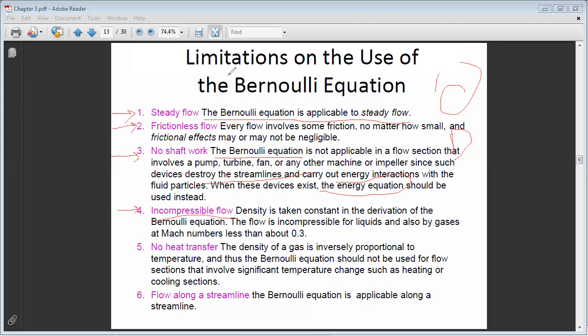We can check the Mach number. If you remember, we defined the Mach number at the beginning of the course. We said that it's the velocity of the fluid over its velocity of sound in the fluid of concern.